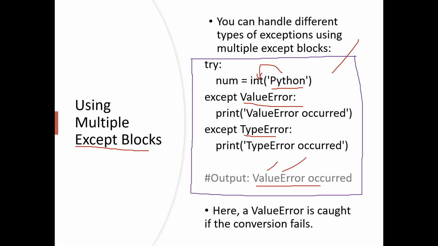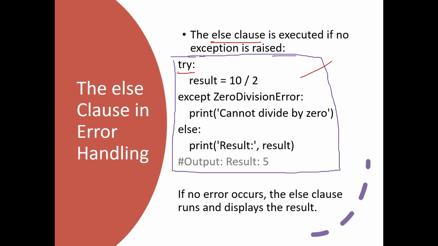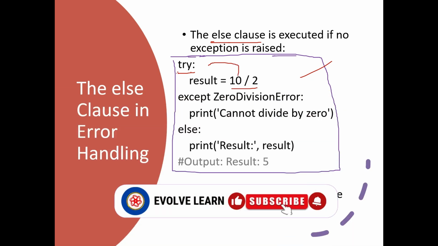In some cases, we may want to take action only if there is no error in our try block. This is where the else clause becomes useful. Let's see how it works. The else clause is executed if no exceptions are raised in the try block. Coming to this example, in the try block, we are performing division and assigning it to the result.